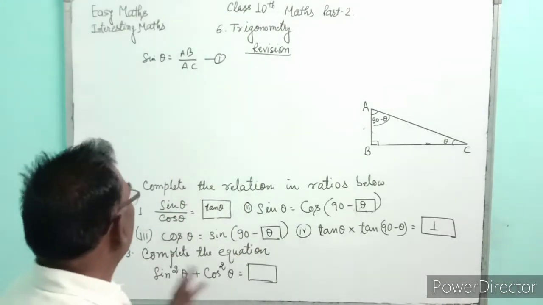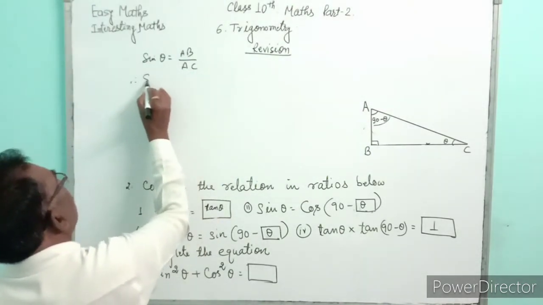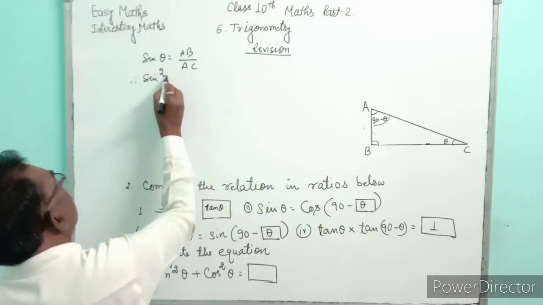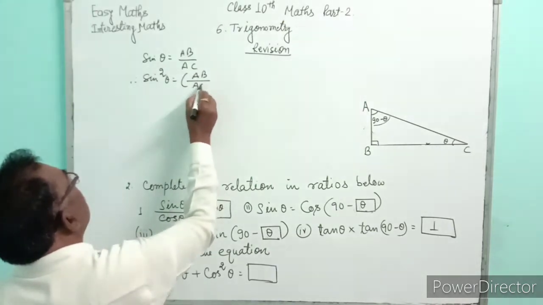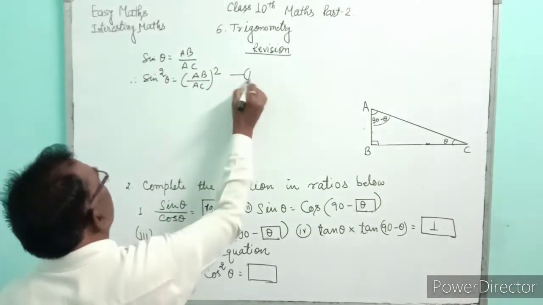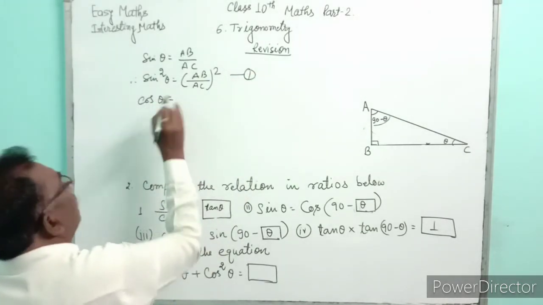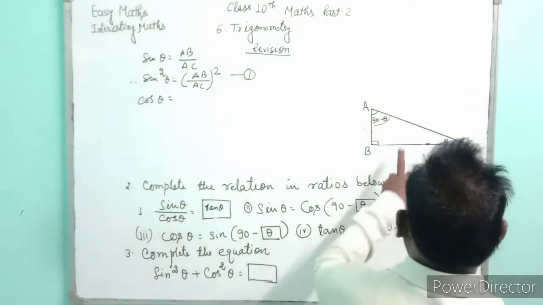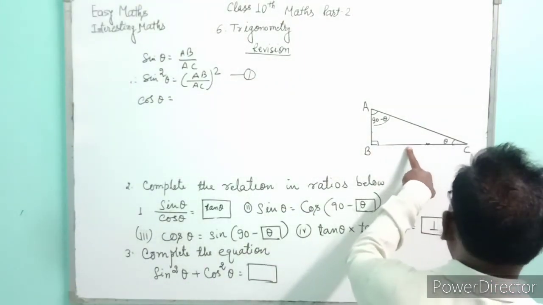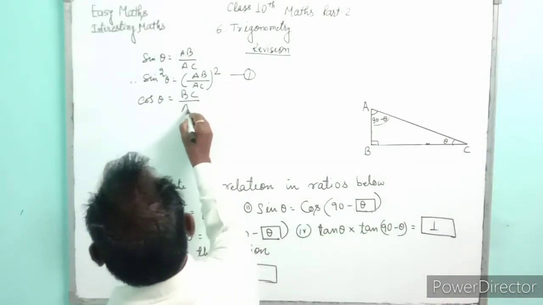Next, therefore sin square theta is equal to (AB by AC) square. Number 1. Now cos theta is equal to the adjacent side of angle theta, equal to BC by hypotenuse AC.